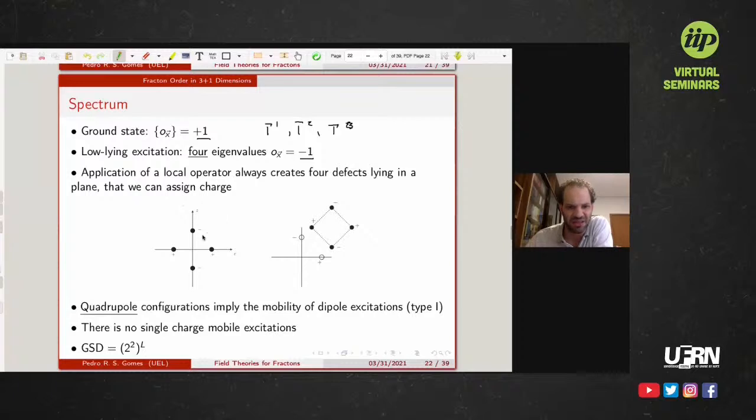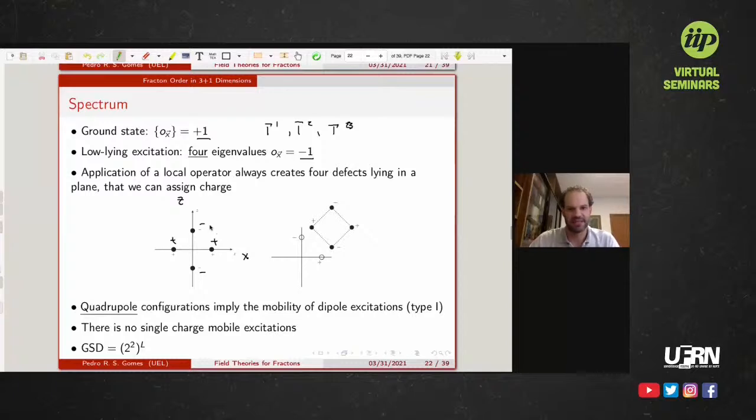It's small here, but I will do this. So there's minus, plus, plus, and minus. Another important point is that this configuration is always in the form of a quadrupole, right? And the key point is that this kind of configuration provides some mobility for the system.